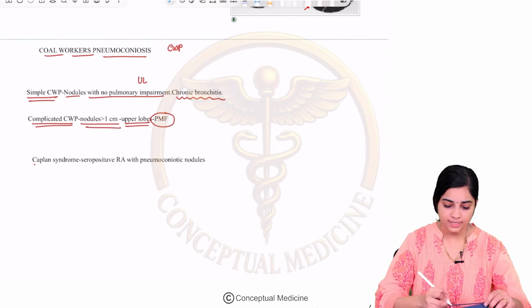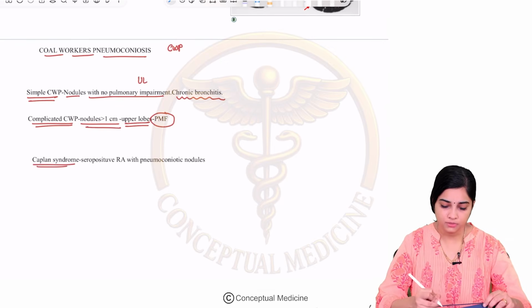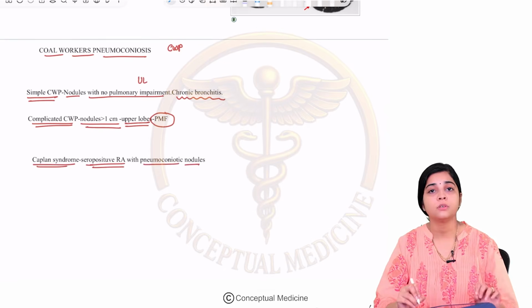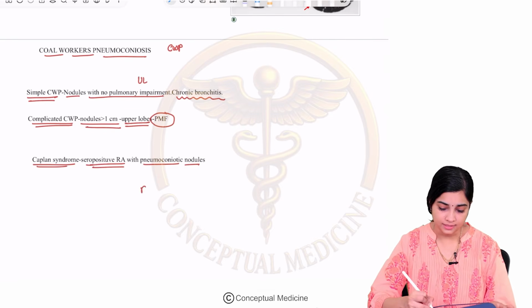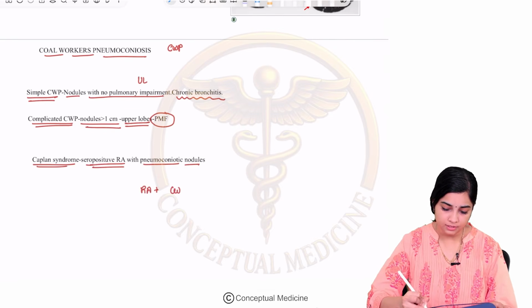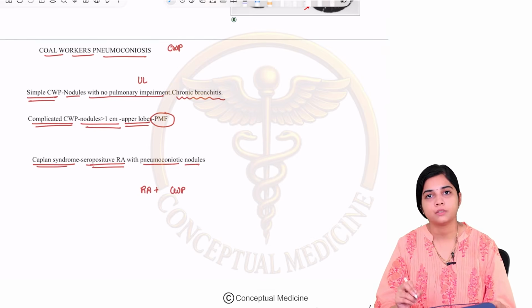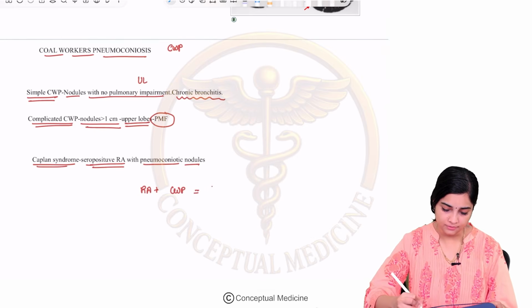Okay. Now, what is Kaplan syndrome? Seropositive rheumatoid arthritis patients can have pneumoconiosis as well. Pneumoconiotic nodules with seropositive rheumatoid arthritis, that is RA, with coal workers pneumoconiosis, is what we call Kaplan syndrome.